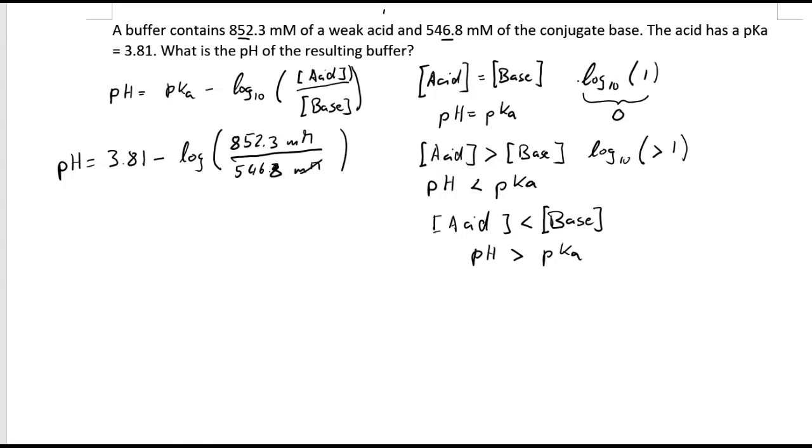Now the millimolar cancel out, and we can put that into a calculator, and we would get for the pH equals 3.61.